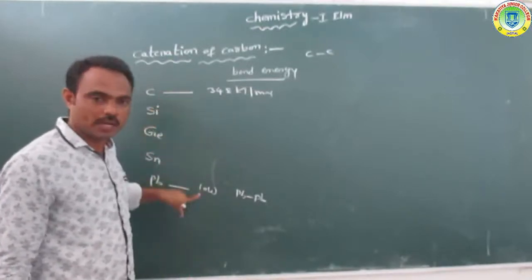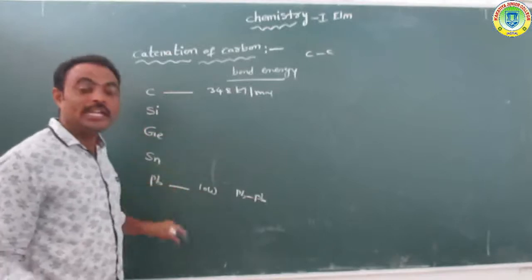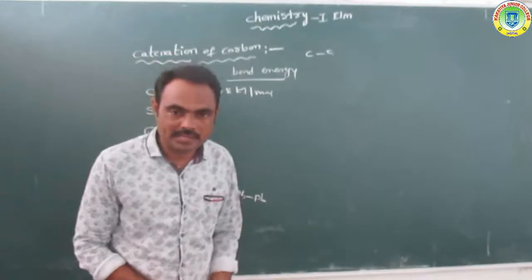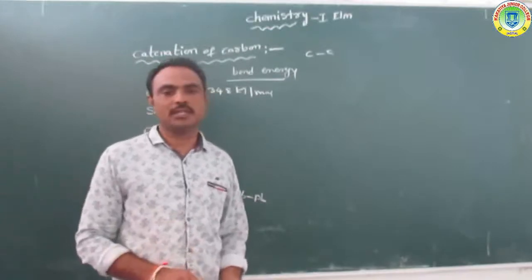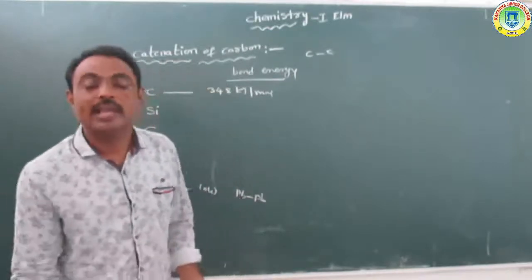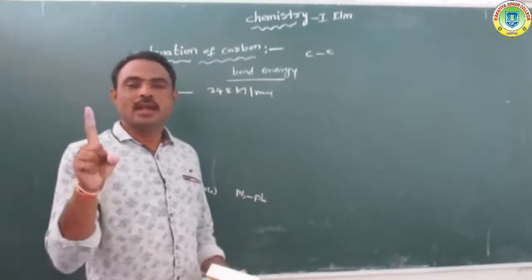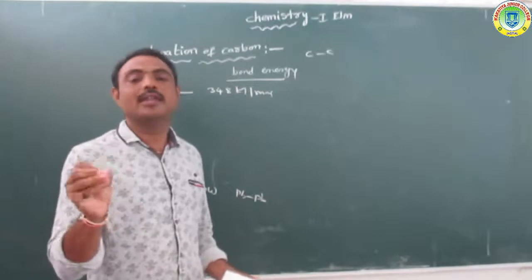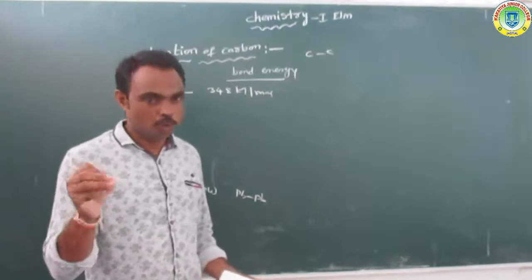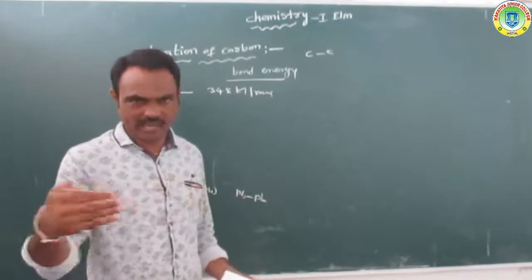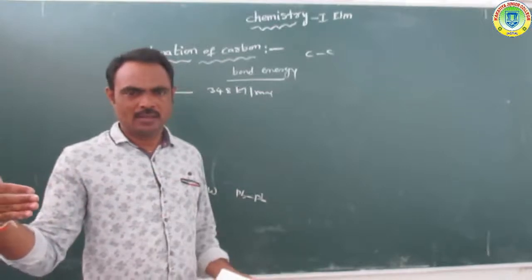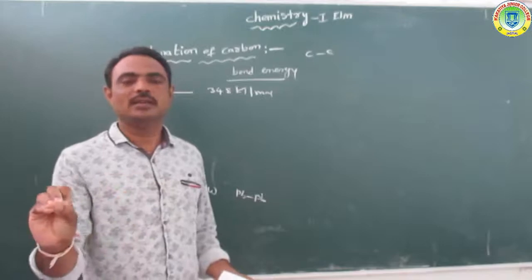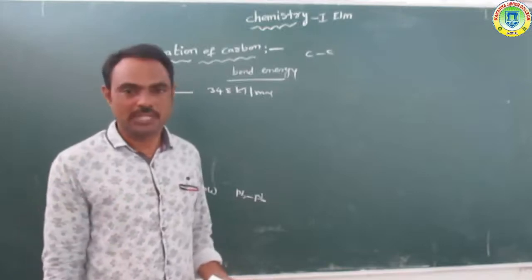From top to bottom, from carbon to lead, the catenation capacity decreases. Catenation is mainly carbon atoms linking with one another through covalent bonds to form a chain, but the remaining elements do not exhibit a chain structure or catenation capacity.